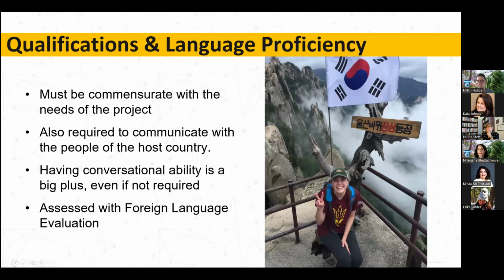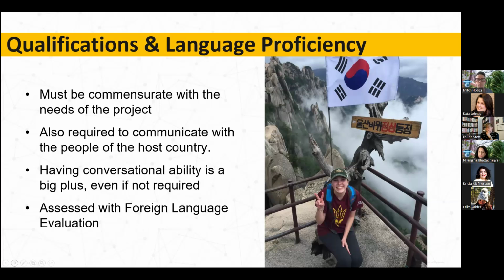All right, so finally, language proficiency is another one of those qualifications, and there's two ways to think about it. The host country will have its own stipulations about what the expectation is for a student to speak the language of that country. So in countries in which there's a reasonable expectation that a student can become advanced or fluent in that language, such as France, Spain, then there are those expectations.